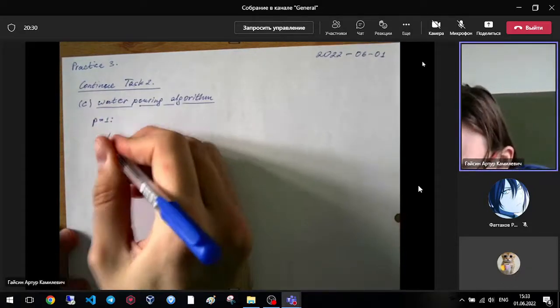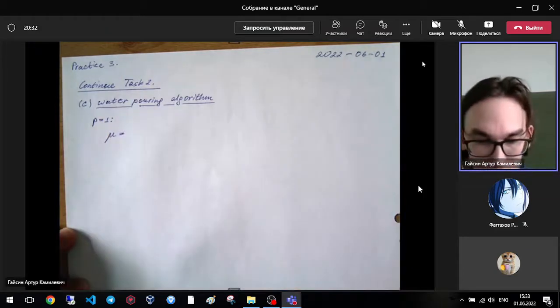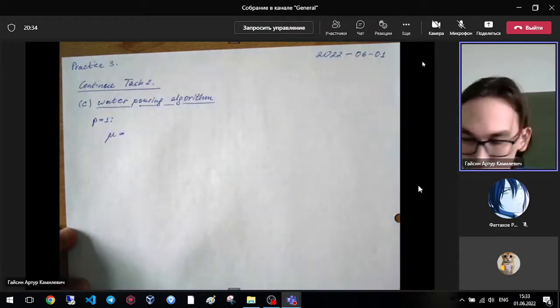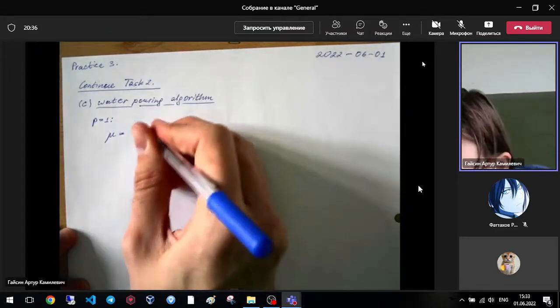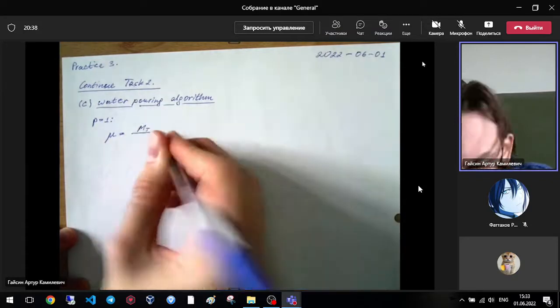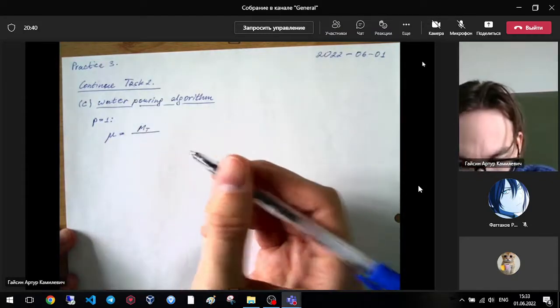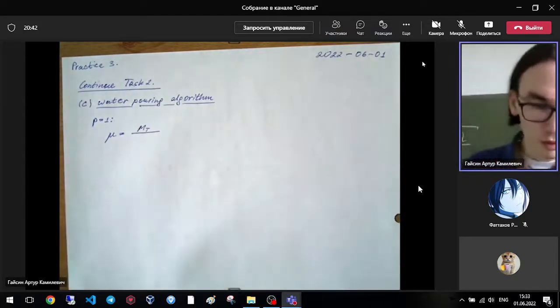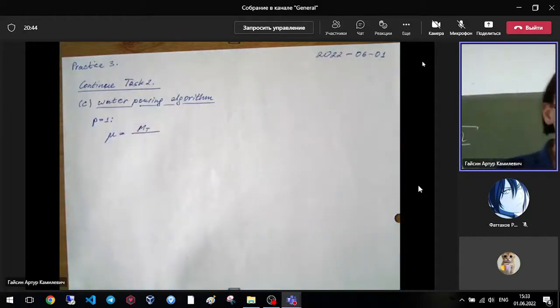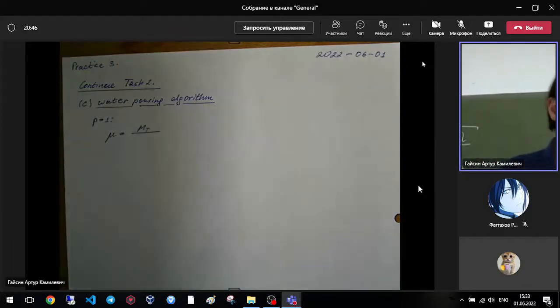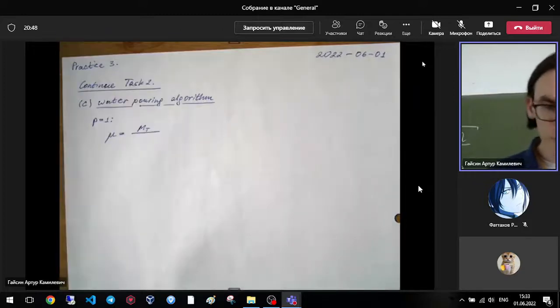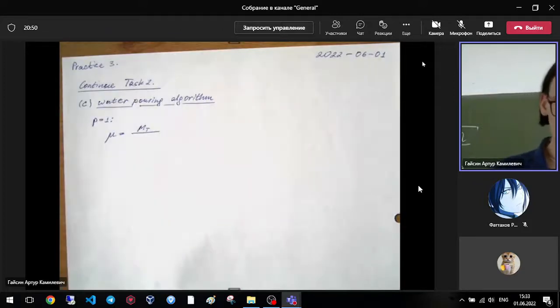And maybe I will use first general notation for this one. Not MT, I think 1 divided by R should be here. Yeah, I will use this algorithm.